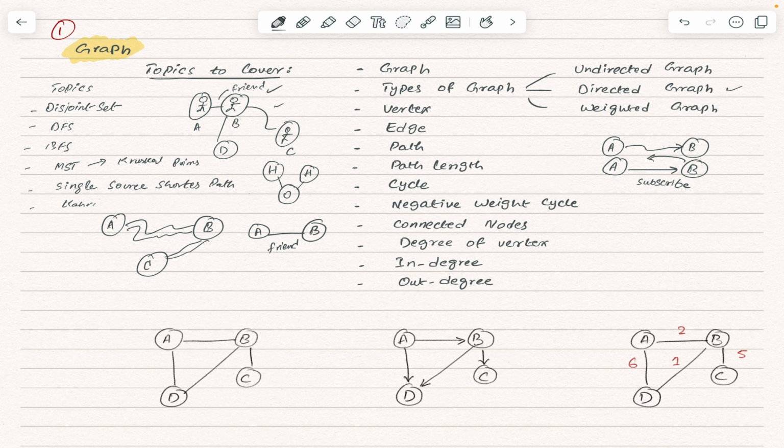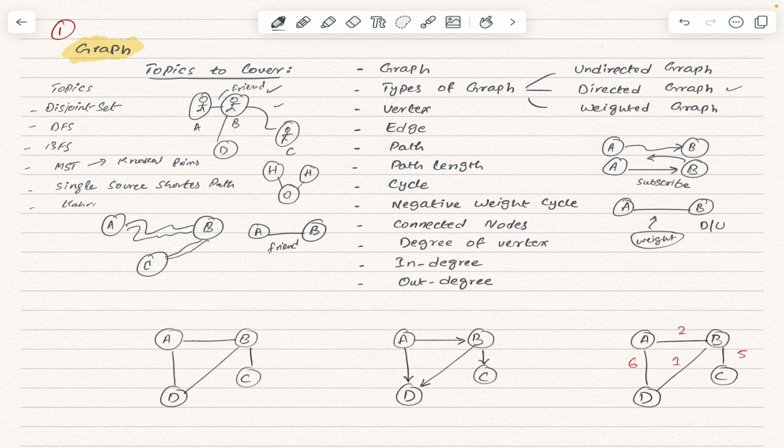A weighted graph could be, let's suppose, this is city A, and that road goes to city B, and that could be directional or undirected, but you have to mention some weight here.